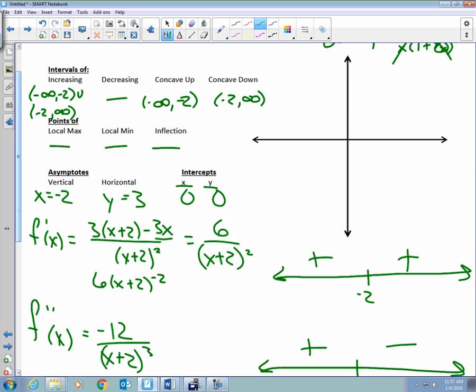And so with this graph, it looks like y equals 3 and x equals -2 are going to be important lines to plot. I guess I'll do 8s again.